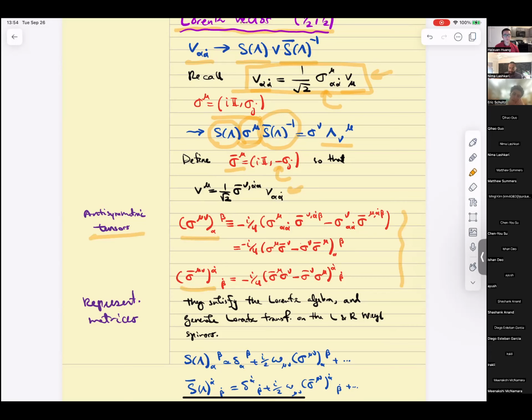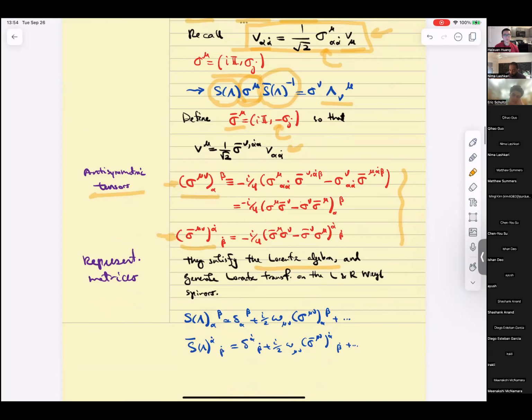You're going to play with them in one of your homework problems, and you're going to learn that these anti-symmetric tensors satisfy the Lorentz algebra, and they are the generators of it. They are precisely the representation matrices, these 2 by 2 representation matrices, for the left and right Weyl fermions, Weyl spinors.